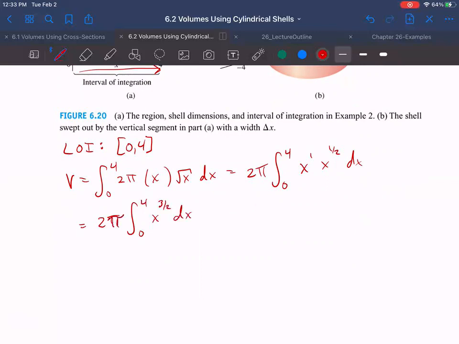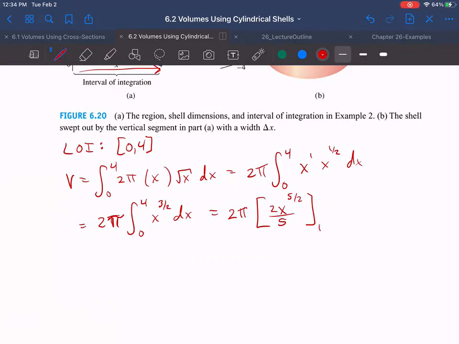What's the integral of x to the 3/2, or the antiderivative of it? Right, add 1, then divide by the 5/2, which becomes times 2/5.